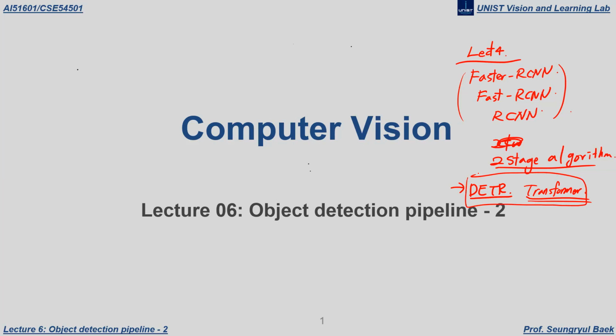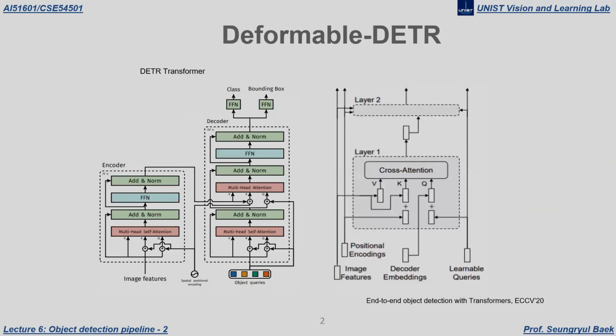And today we will add some more explanation on these DETR algorithms, okay? So this object detection pipeline, the second materials are dealing with the DETR algorithms. Actually, these DETR algorithms were published in 2020.